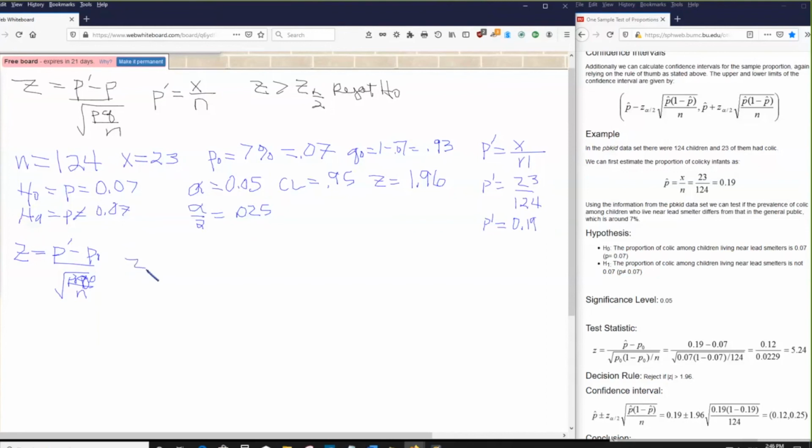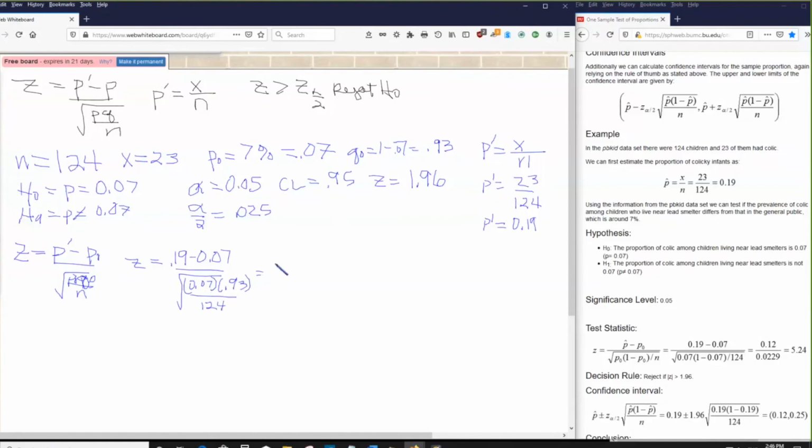So that's going to give me a z-score of 0.19 minus 0.07 divided by the square root of 0.07 times 0.93 divided by n, which is my 124.